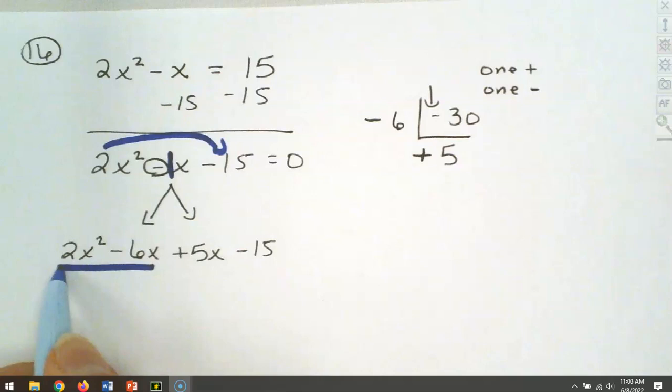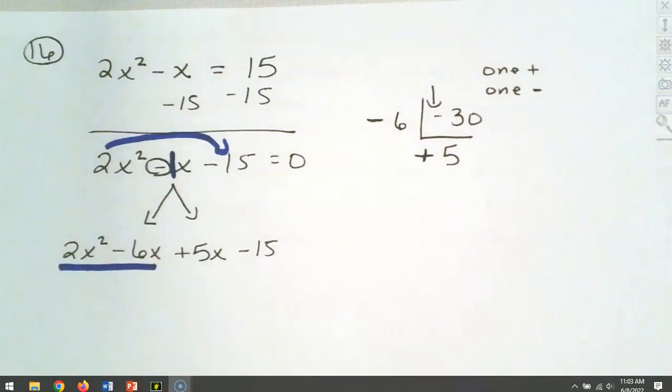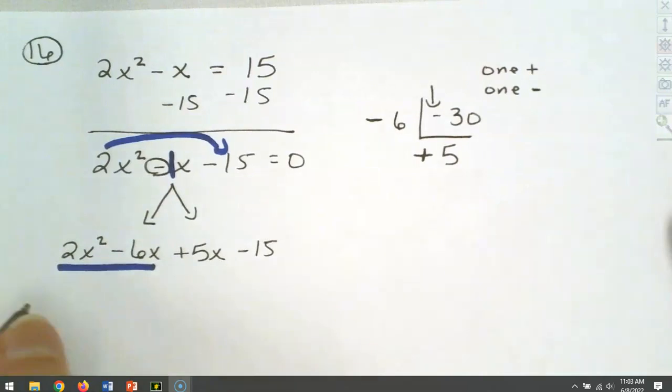Factor by grouping. First two pieces, can someone tell me what will come out? I've got it underlined here. What's going to come out? X and what else? Yep, 2.